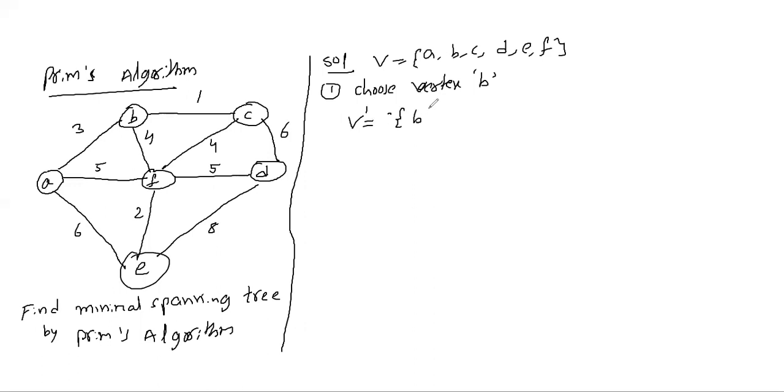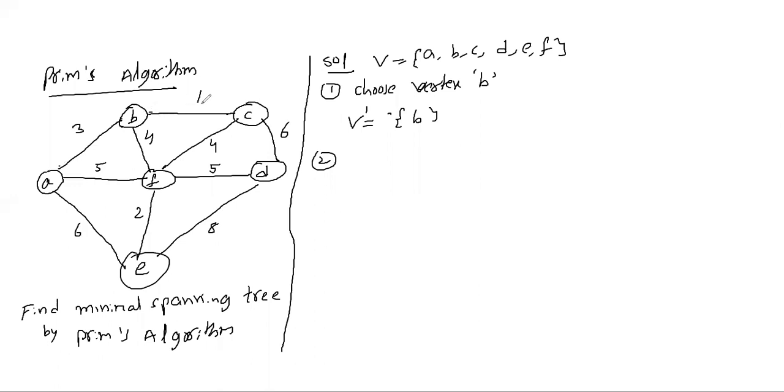So first B. Next, in the second step, for the B vertex, whichever edge has a small weight, that edge you add. So when you come to the B vertex, you have two edges incident to it. One is from B to C, one is from B to A. Which is the small weight?